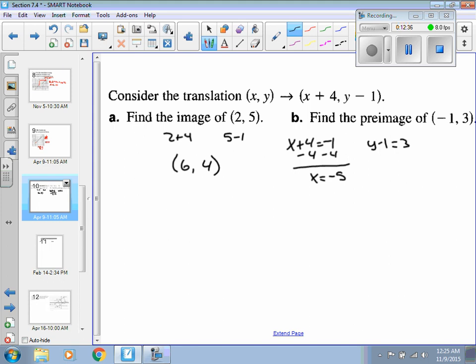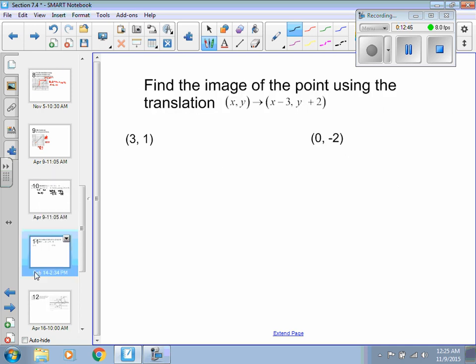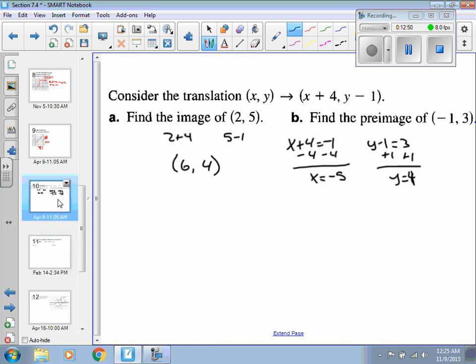Now we're going to do the same thing with our y. And when we add 1 to both sides, we find out that y is 4. Okay, which tells us that our pre-image is the point (negative 5, positive 4).